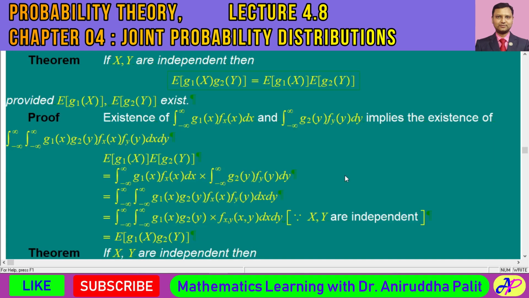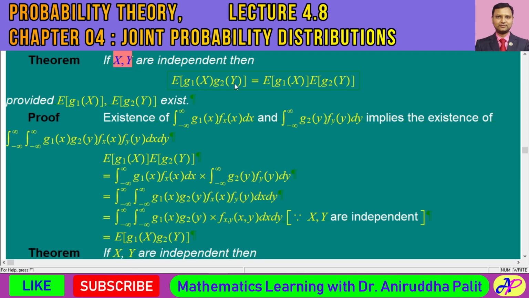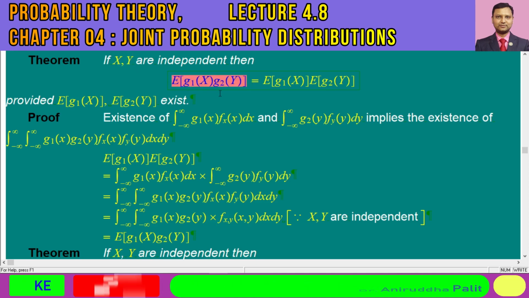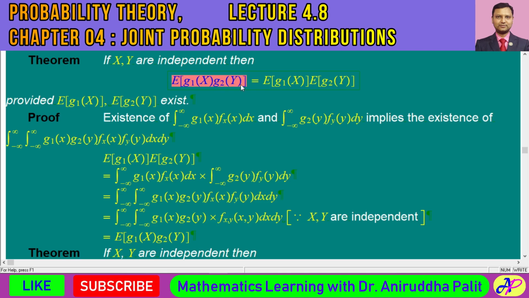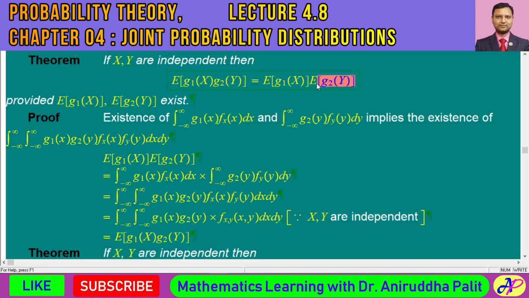Alright, so the first result that we are going to study is that if x and y are independent random variables, then the expectation of g1x multiplied by g2y can be written as the expectation of g1x multiplied by the expectation of g2y, provided of course these two expectations exist. This rule is sometimes referred to as the multiplication rule of expectation. So the multiplication rule would be valid only when we have independent random variables.